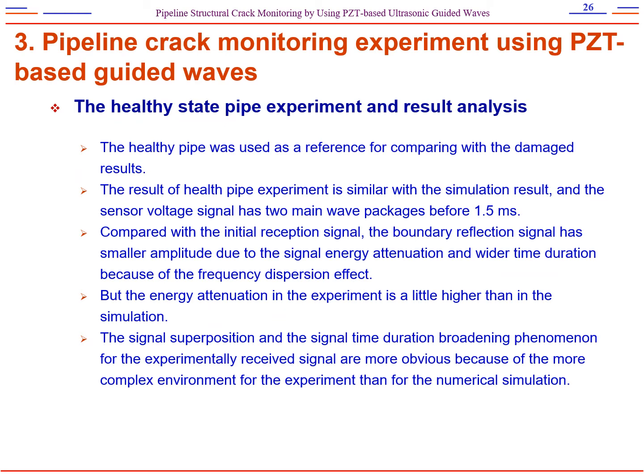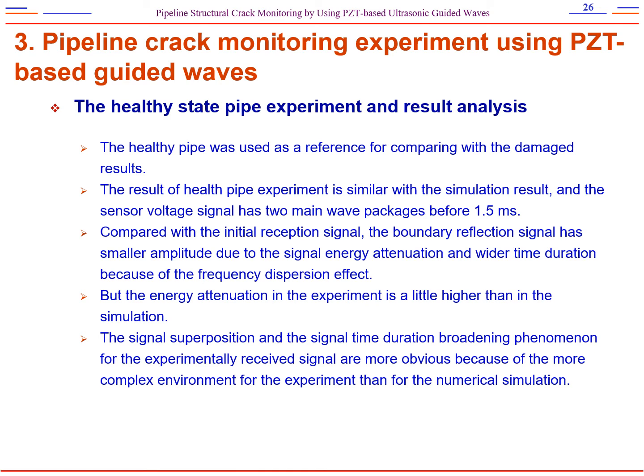Firstly, we did the healthy state pipe experiment and result analysis. The healthy pipe was used as a reference for comparing with the damaged results. The result of healthy pipe experiment is similar with the simulation result, and the sensor voltage signal has 2 main wave packages before 1.5 milliseconds.